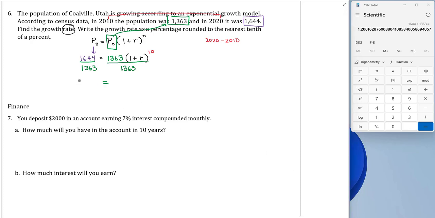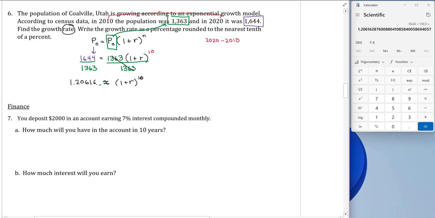When I do that in my calculator, I get a result of approximately 1.0616, yada, yada, yada. I'm going to change this. It's no longer equal, but approximately. And the 1363's reduce, leaving me 1 plus r to the 10th.